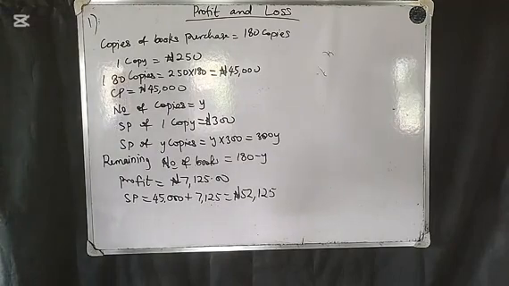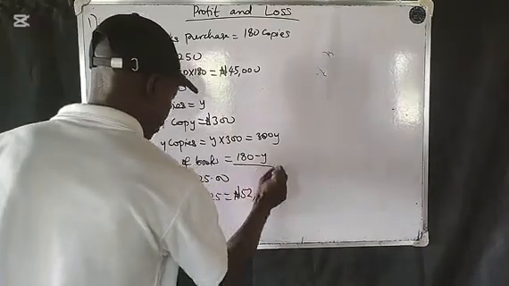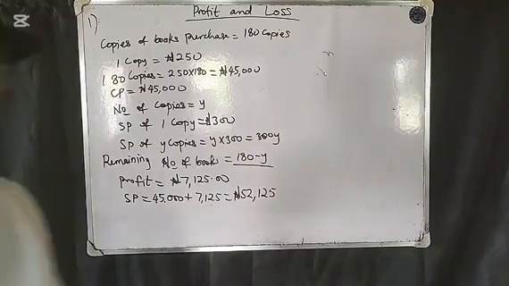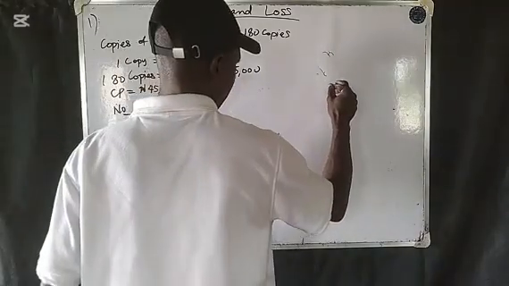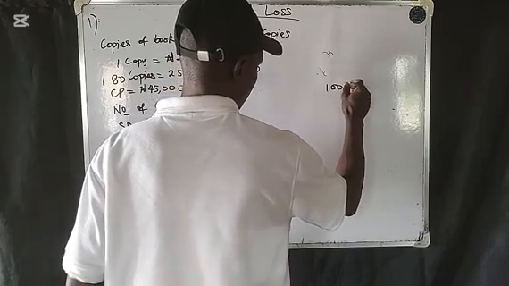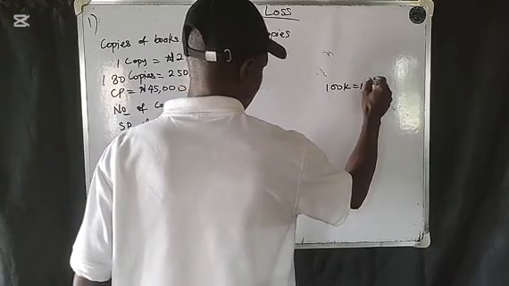He has already sold Y copies. So these are the remaining copies, right? And these remaining copies, he sold them at what? A discount of 5 kobo in the naira of the cost price. Now, how many kobo in 1 naira? We have 100 kobo in 1 naira, right?